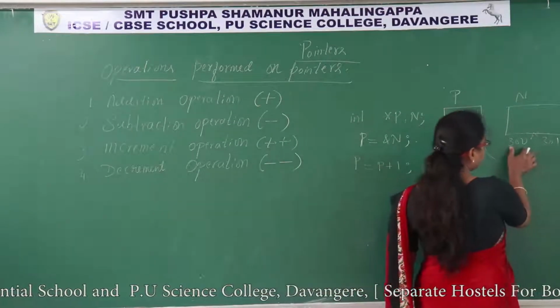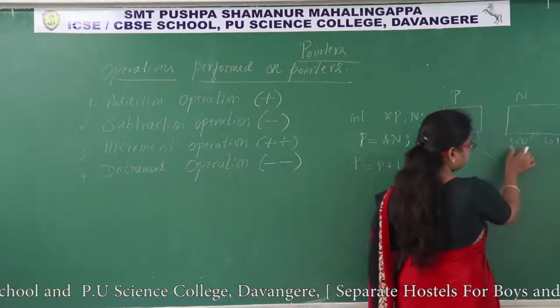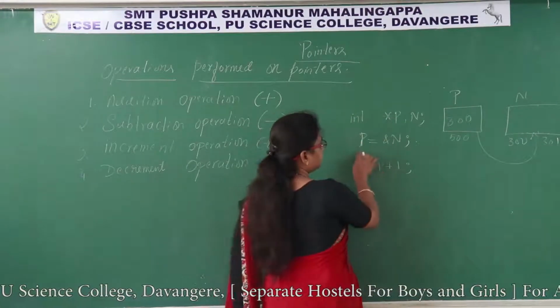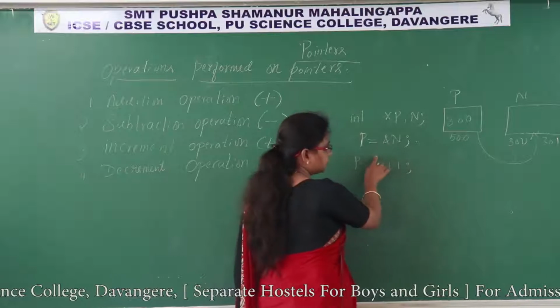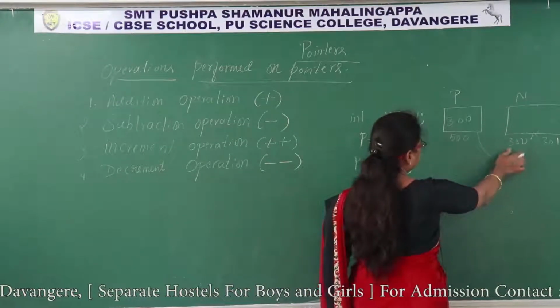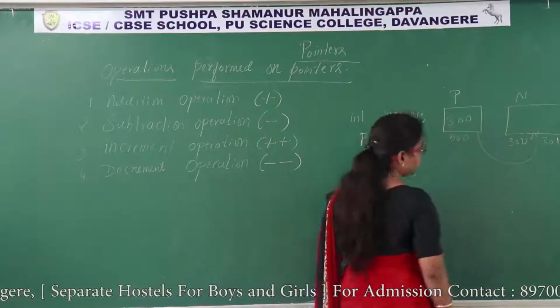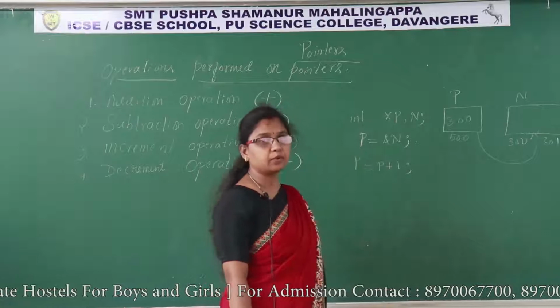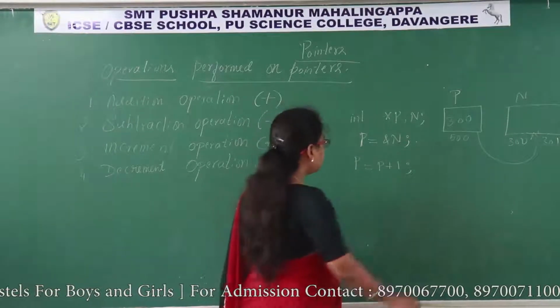The starting memory address is 300 and 301. Next, p = &n, so the address of n, the first memory address 300, will be stored in p. Right now p is pointing to memory 300.